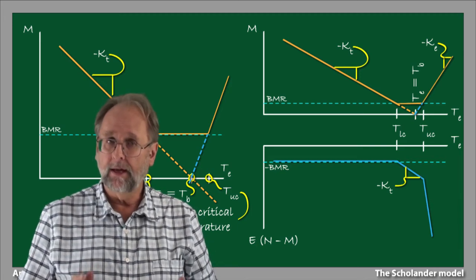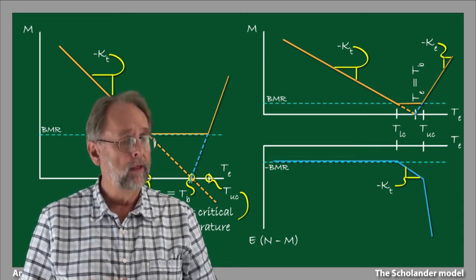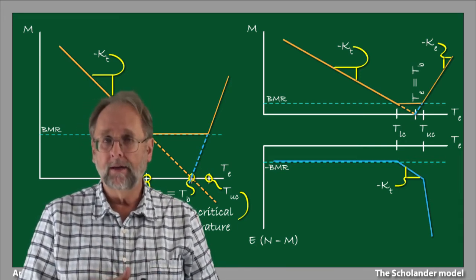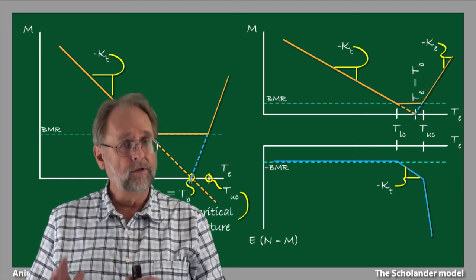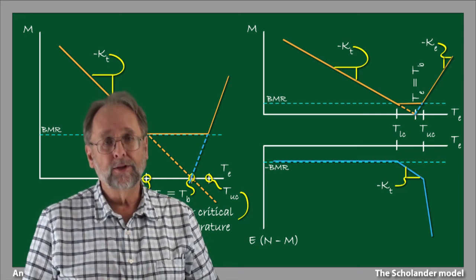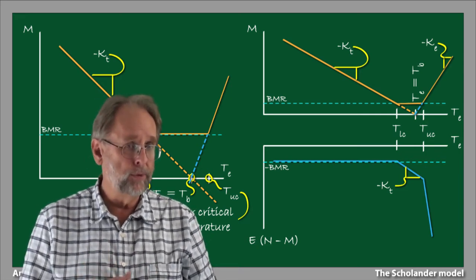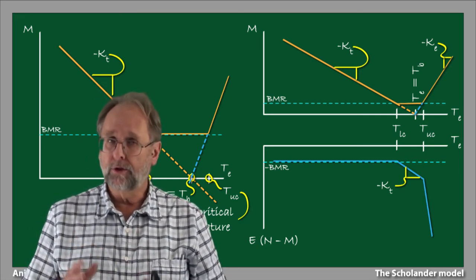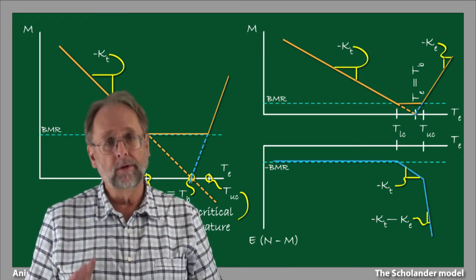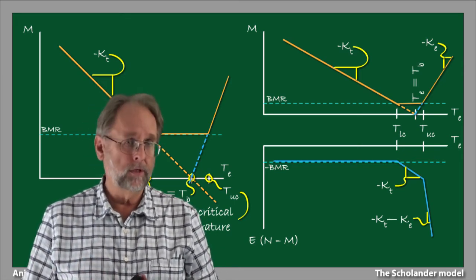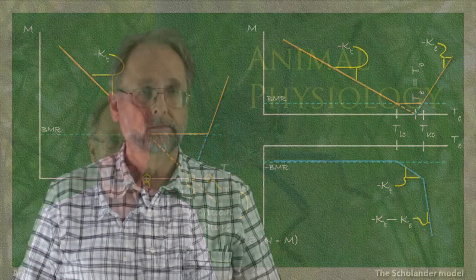The energy budget has to be balanced somehow. And it's balanced by having evaporation heat loss that not only accounts for the physical changes of heat, but accounts for the increased metabolic heat burden as well. The slope of this curve will be the sum of the thermal conductances both below and above the lower critical temperatures.